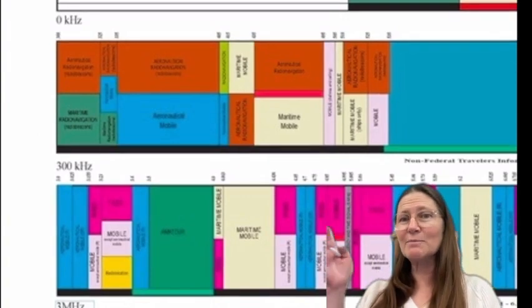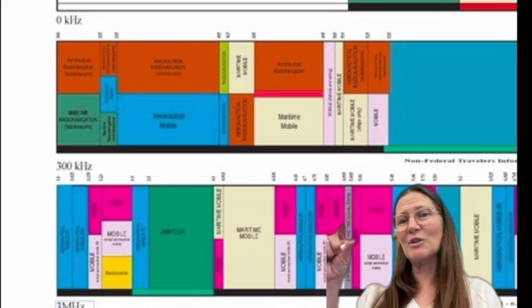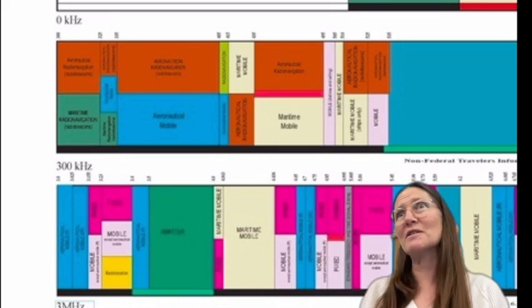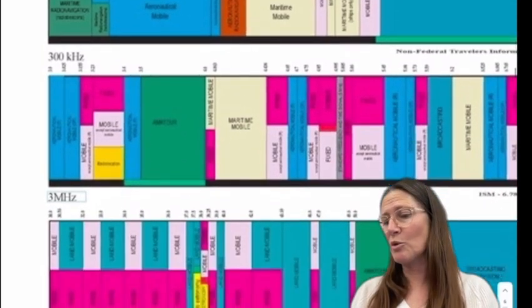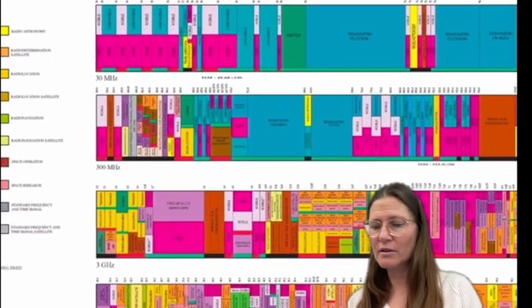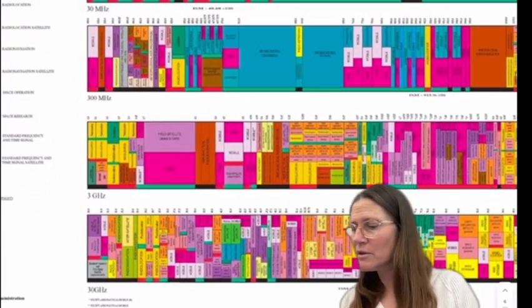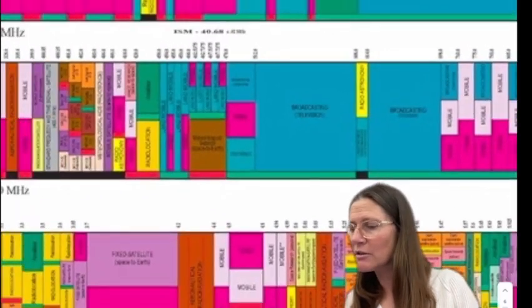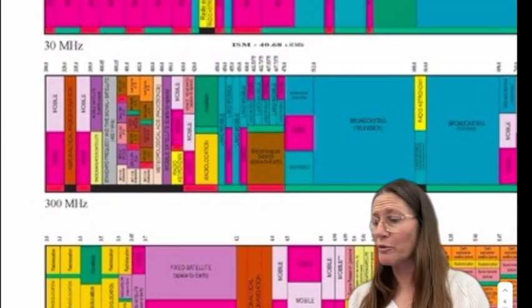There are very specific frequency ranges that you can use for very specific applications. When we're on our cell phones, 30 megahertz, okay, this one you can kind of read.